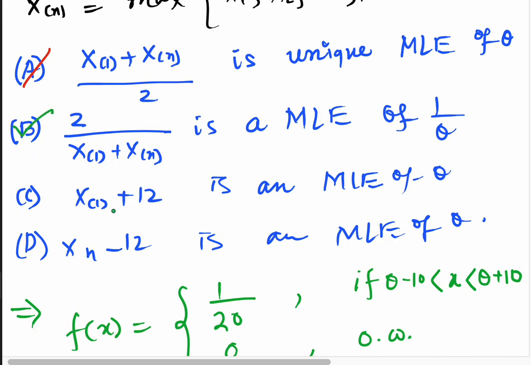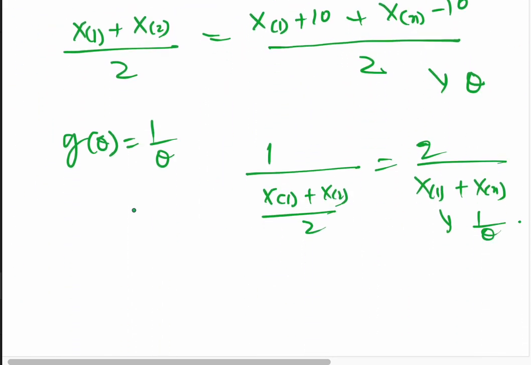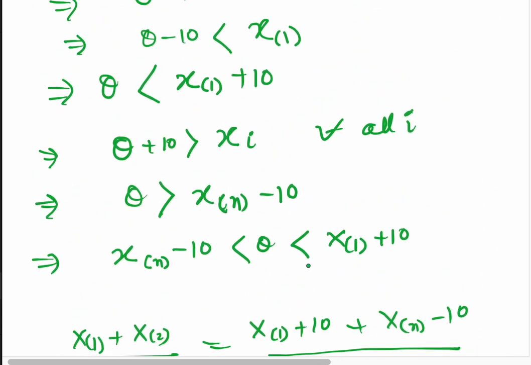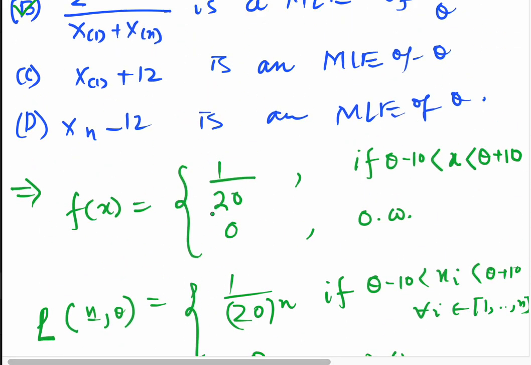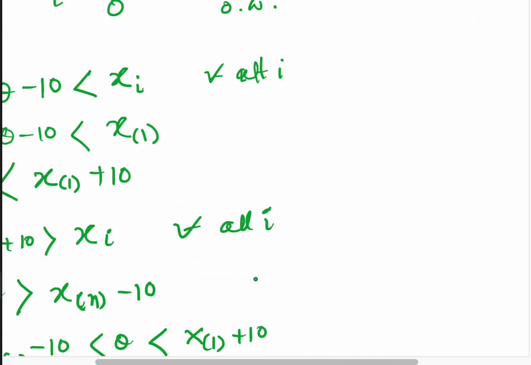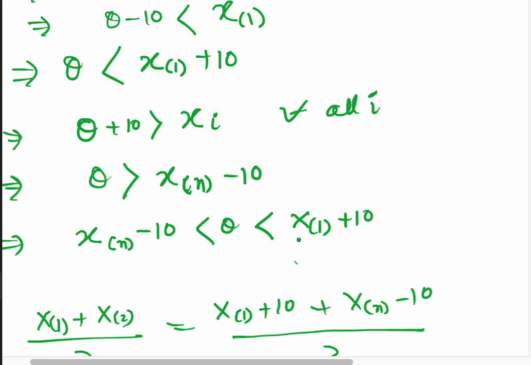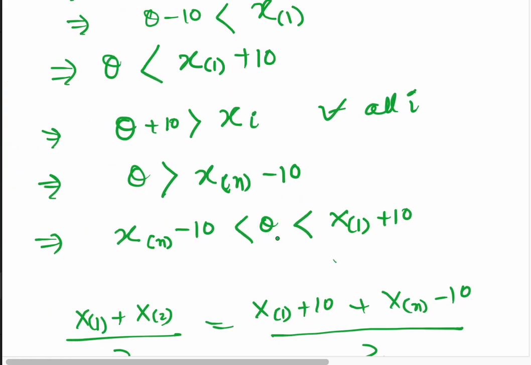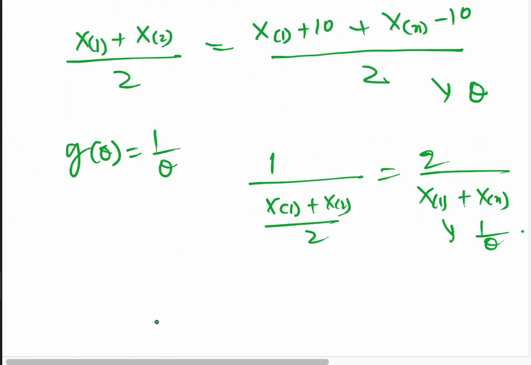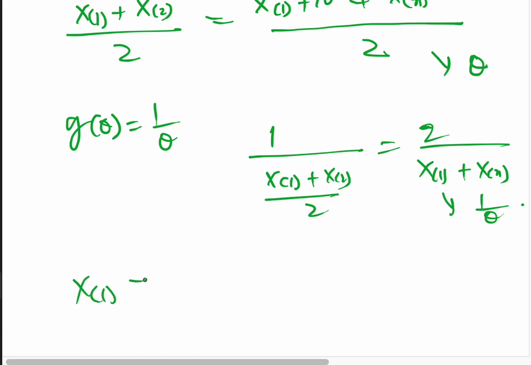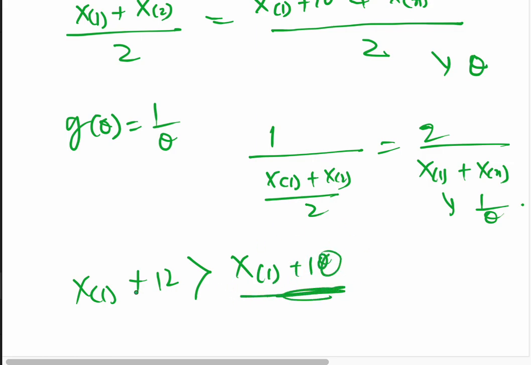Now option C, x1 plus 12. Obviously theta has to be less than x1 plus 10, but x1 plus 12 is outside the range, because x1 plus 12 is greater than x1 plus 10, but the estimator of theta should be lesser than this number.